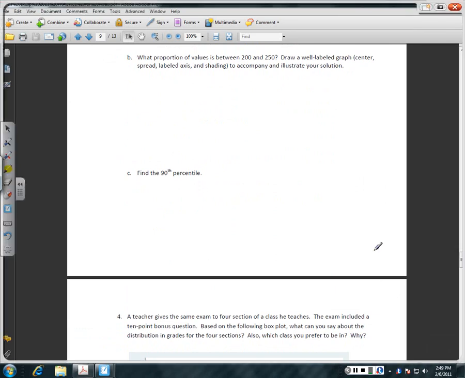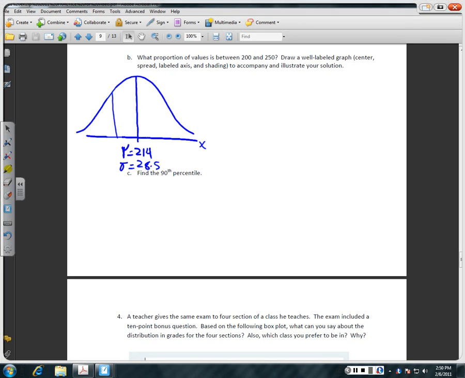With that same distribution here, we want to know the probability between 200, which is right here, and 250, which is right here.